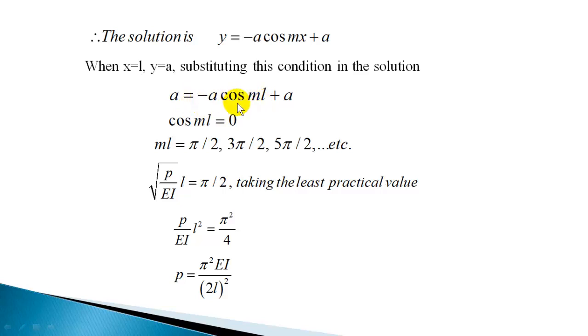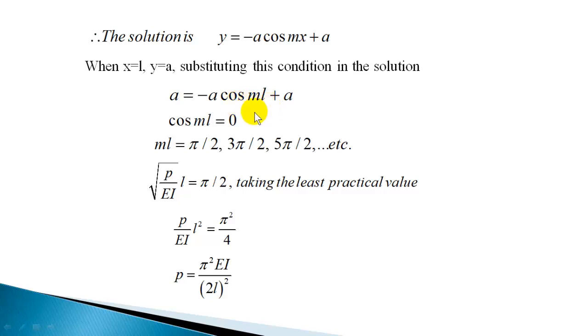Taking a to the left hand side, you get a minus a, 0. So a cos ml has to be 0. a cannot be 0, because a equal to 0 means no deflection. So cos ml has to be 0.